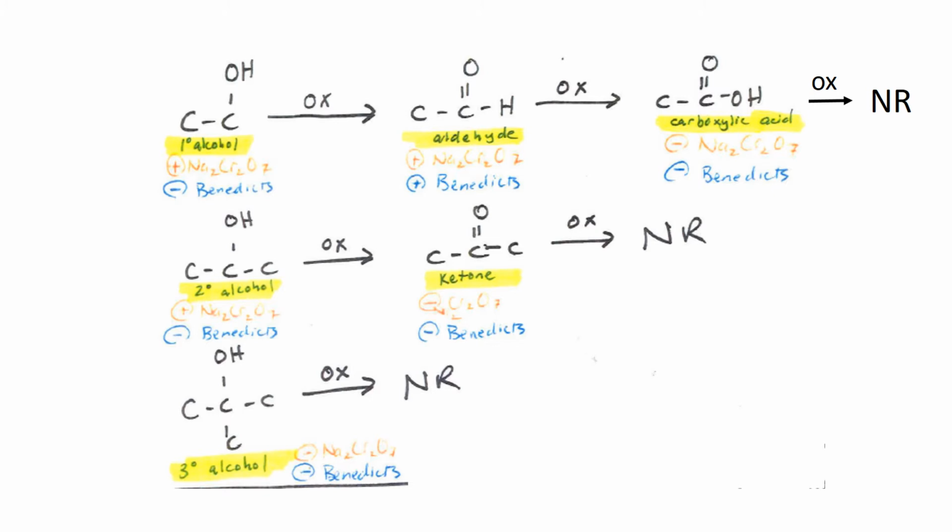What does this mean? If you take a look at the alcohol functional group itself, which is OH on a carbon, I've circled that in red. The OH itself is not the alcohol. Alcohol is OH on a carbon. To classify the alcohol as primary or secondary or tertiary, you identify the alcohol functional group, as I've done by circling it in red, and then look to see how many bonds to carbon are attached to that functional group.